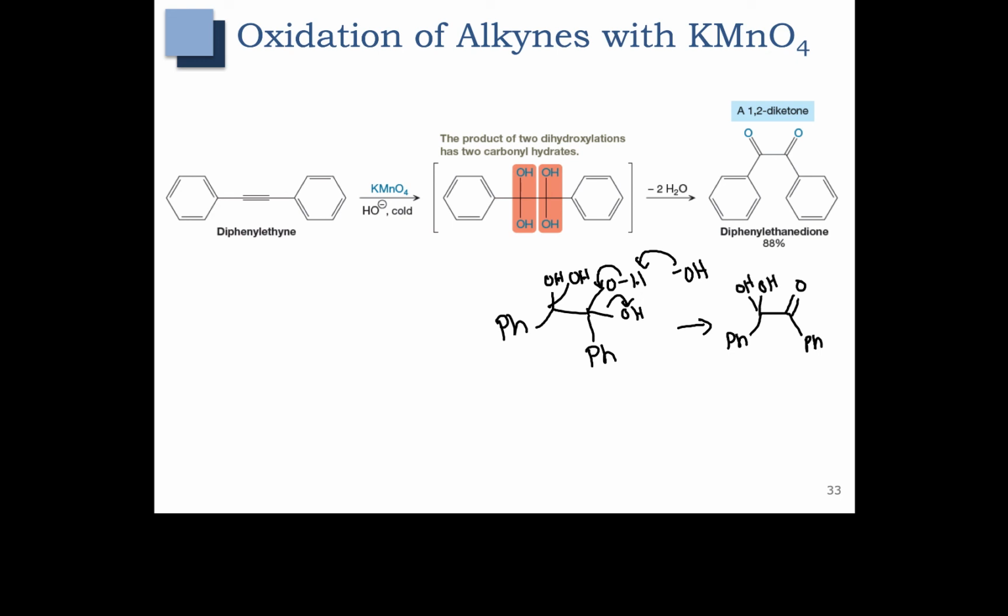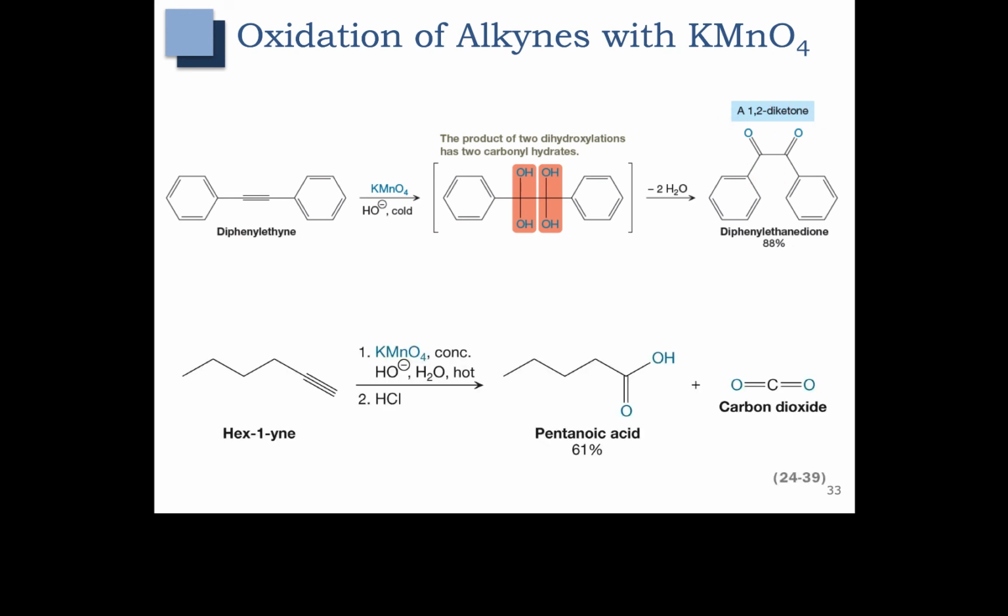And that would be repeated on the other side to get to the 1,2-diketone product. A terminal alkyne, much like the terminal alkene, can be further oxidized to release carbon dioxide. The bond cleaved is here.